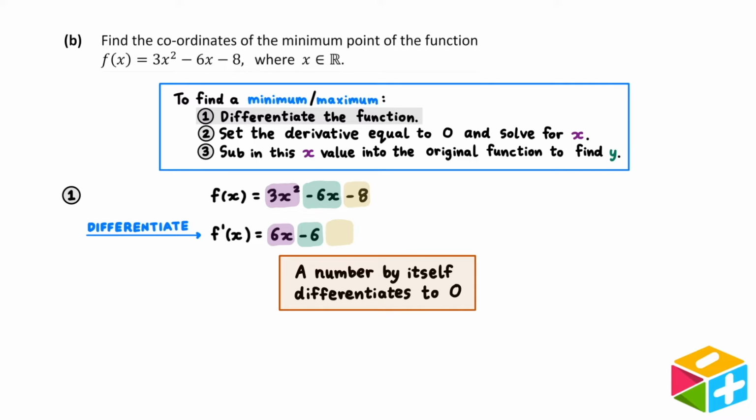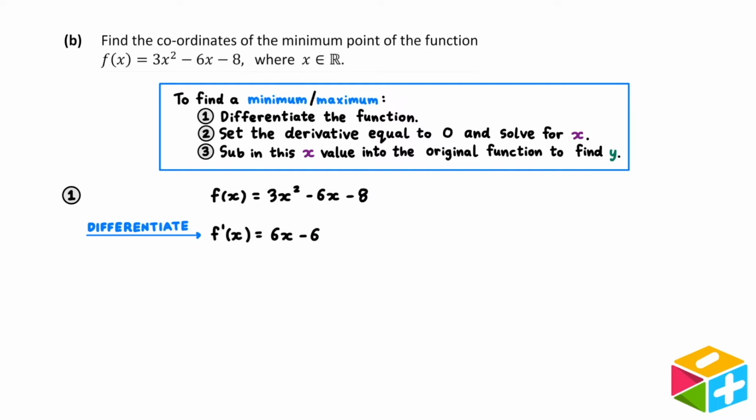And there's a useful fact which says a number by itself differentiates to 0. So this minus 8 will simply differentiate to 0. In other words, it disappears. So we've obtained our derivative. f dash of x is equal to 6x minus 6.